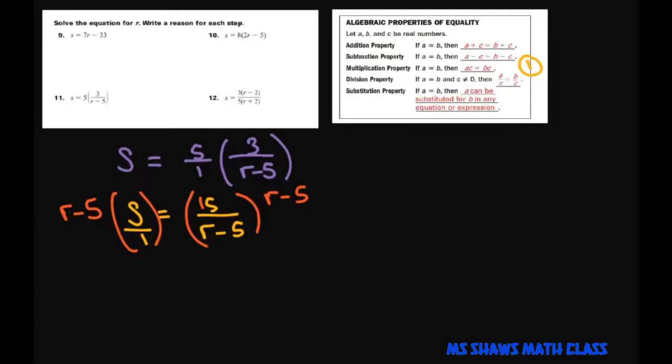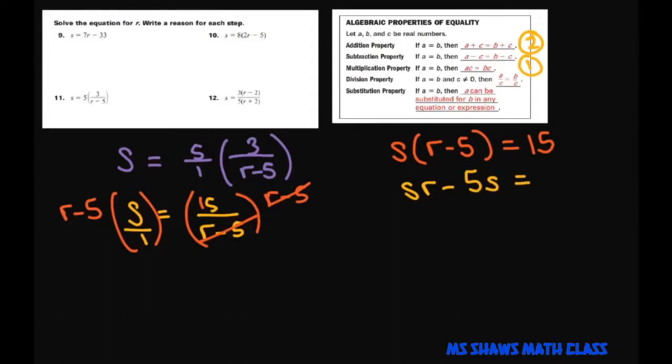That's the same as cross multiplying, but that crosses out, so you get S times R minus 5 equals 15. Now we're going to distribute, so it was that multiplication property. That was number 2. So SR minus 5S equals 15.